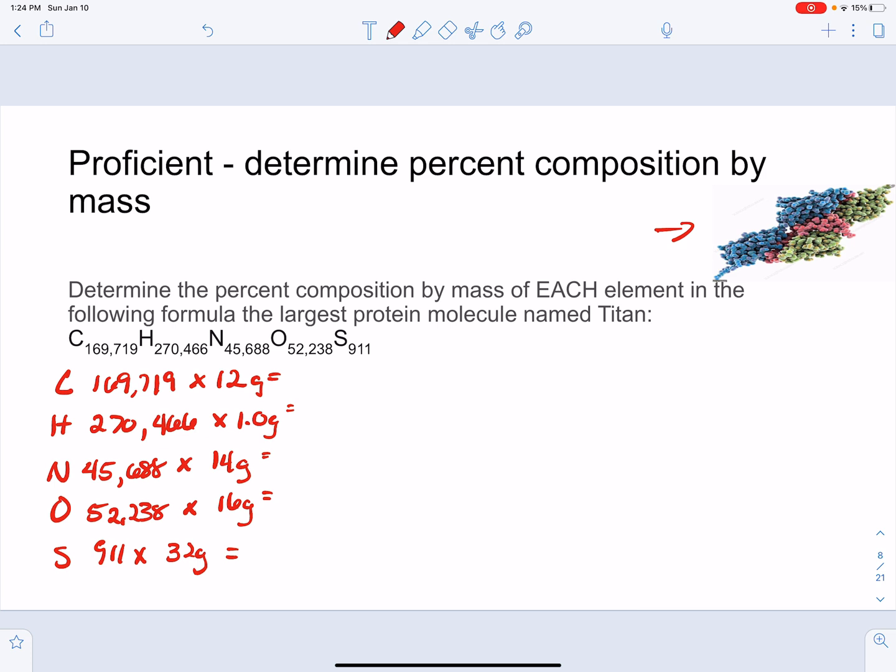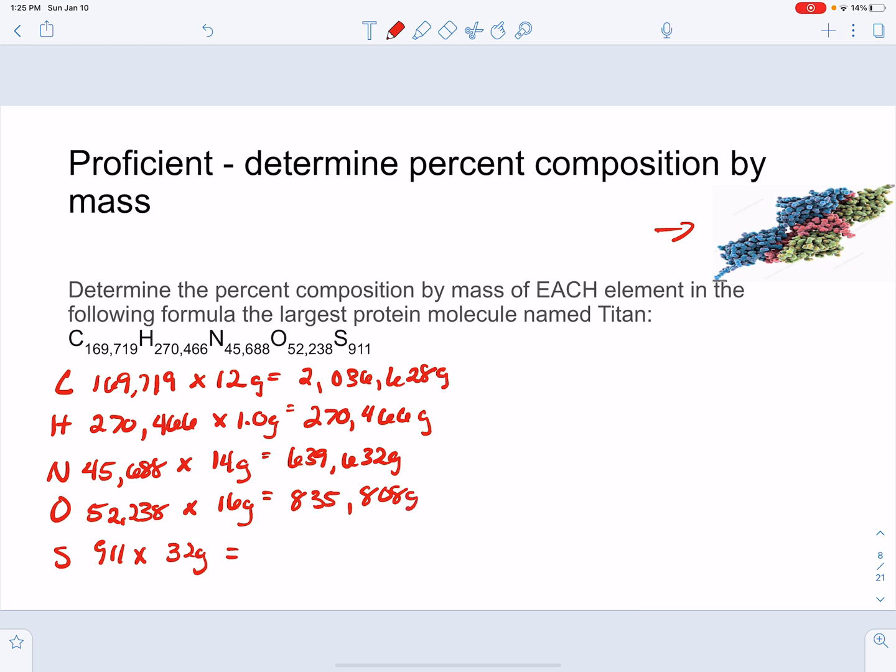For our first number, I have calculated 2,036,628 grams for my carbon. I calculated 270,466 grams for my hydrogen, 639,632 grams for my nitrogen, 835,808 grams for my oxygen, and 29,152 grams for my sulfur.